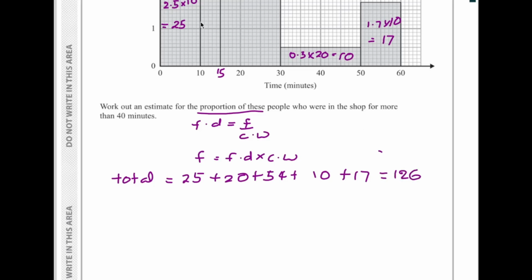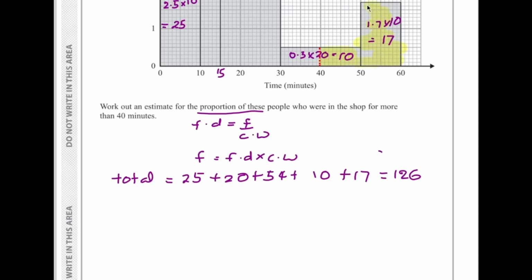Right. Now let's get the people who spent more than 40 minutes. We have to draw a bar from here. This region represents more than 40 minutes.